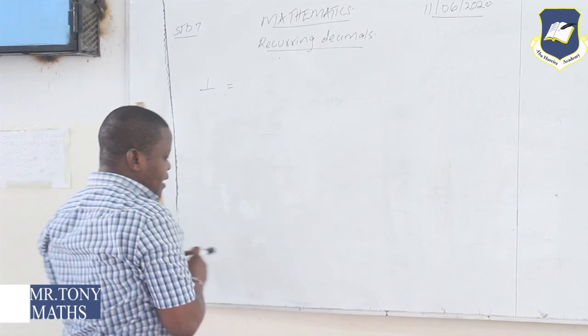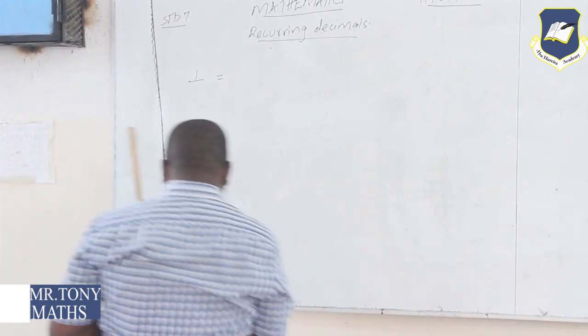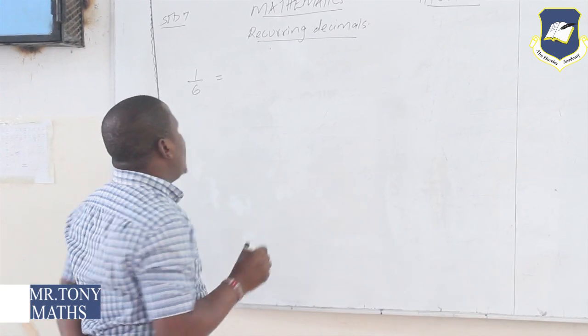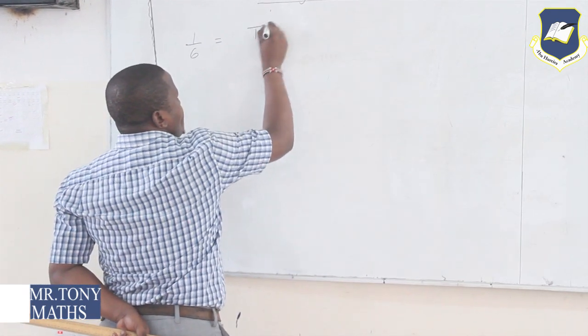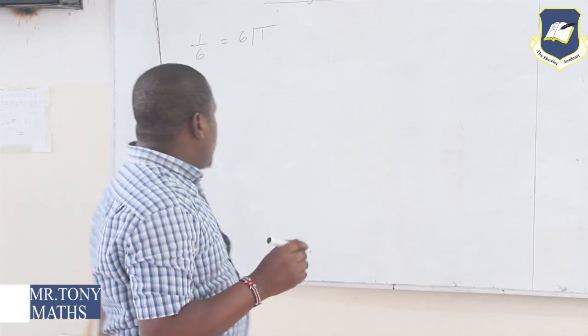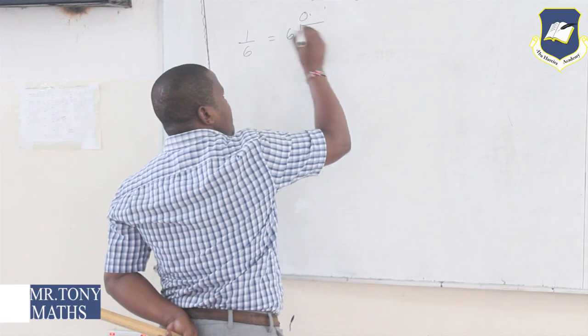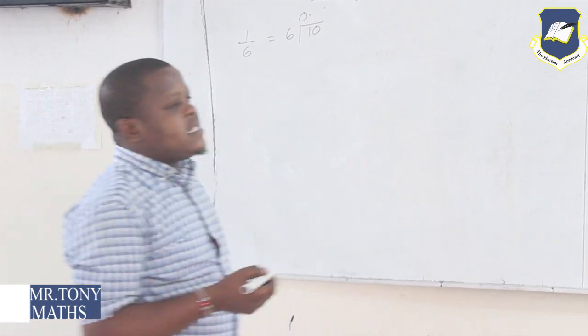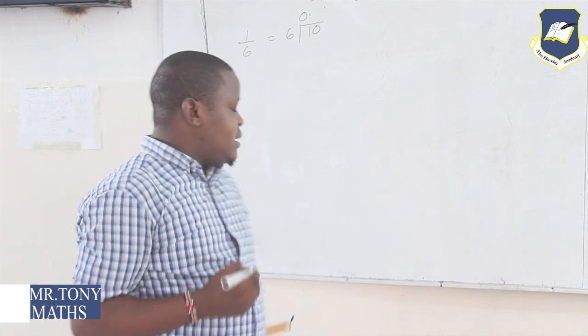So you're going to have 1/6 here. That means that you're going to take 1 divided by 6. 6 won't go into 1. Put a 0 up here, point, then you drop the 0 down there. Then you divide, you find out that 6 will go into 10 once.